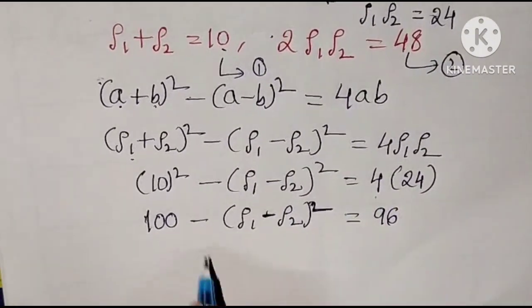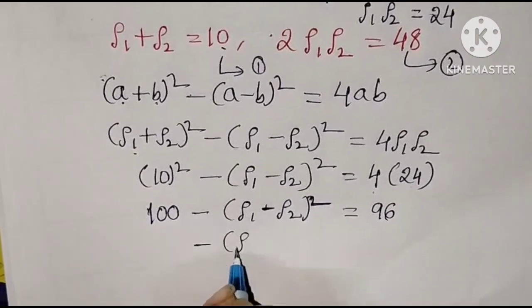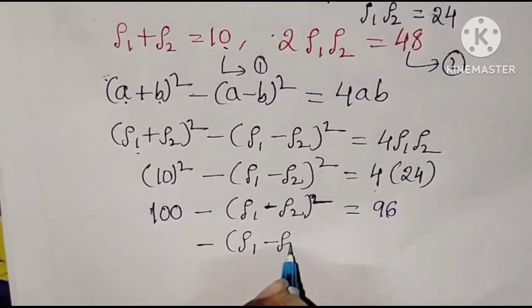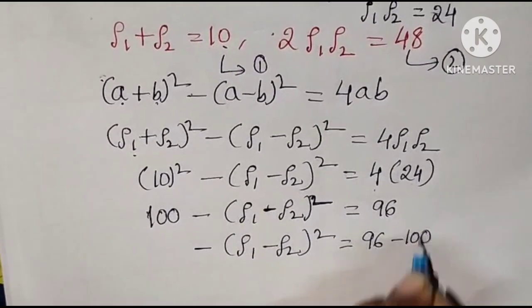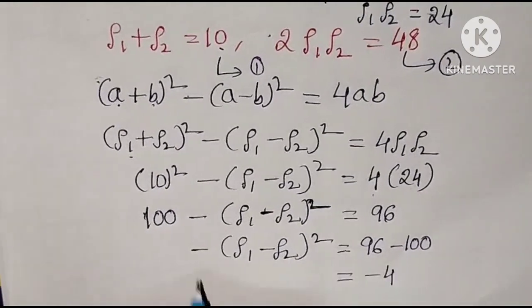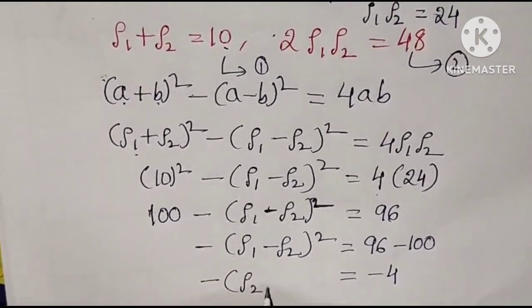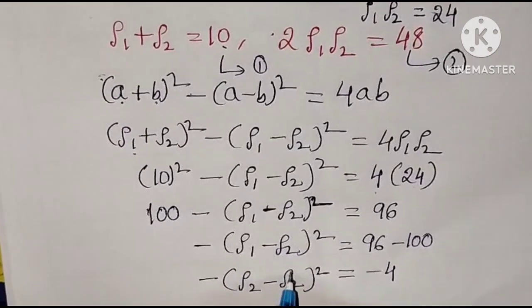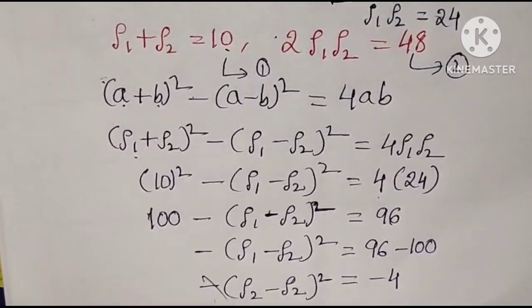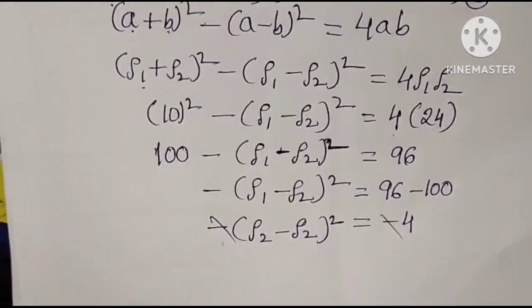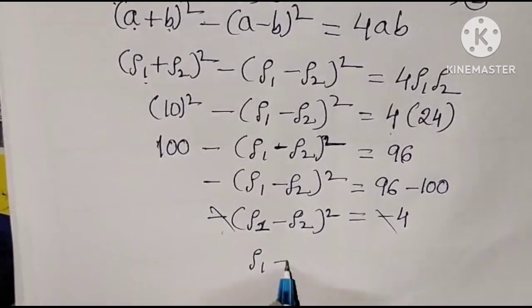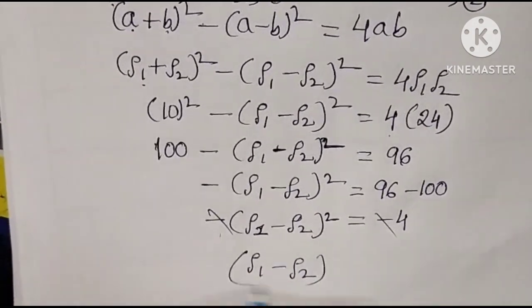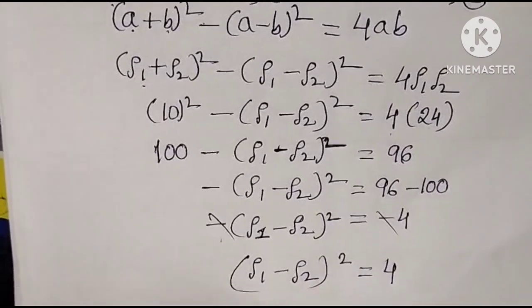Now transpose 100. Minus of rho 1 minus rho 2 whole square is equal to 96 minus 100, that is minus 4. The minus signs cancel. Now rho 1 minus rho 2 whole square is equal to 4.